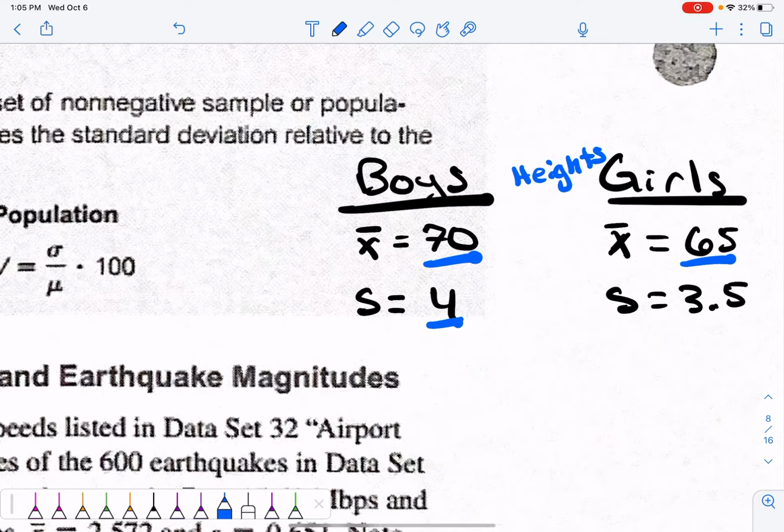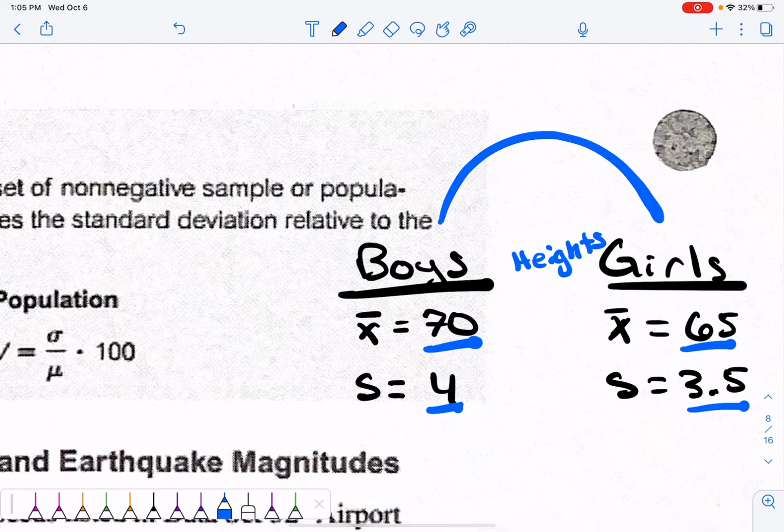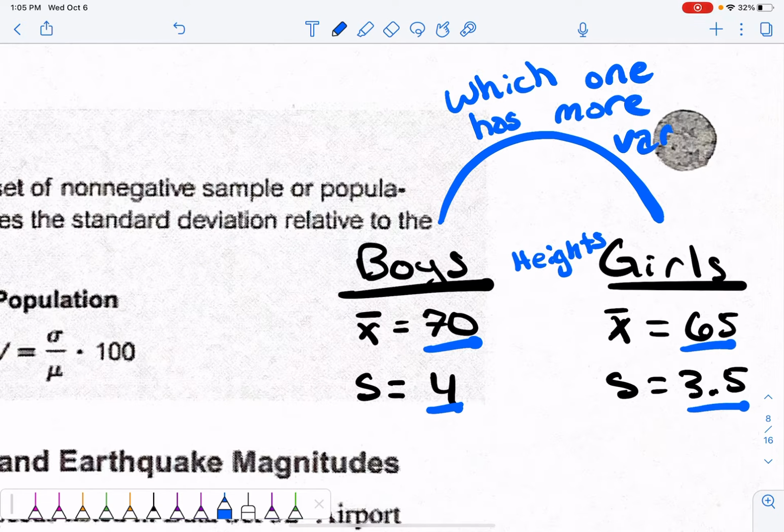Standard deviation for a boy is 4, standard deviation for a girl is 3.5. And what we're trying to find is which one has more variation, okay?